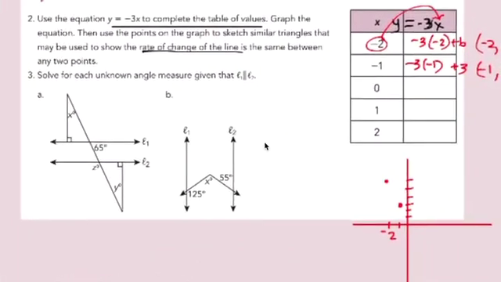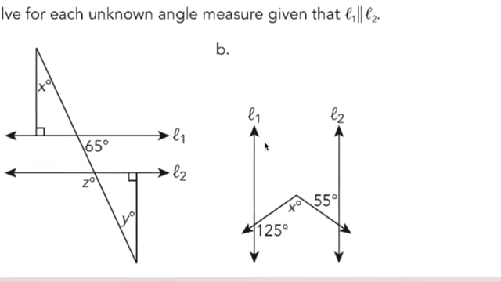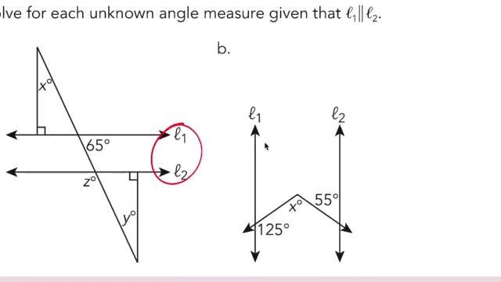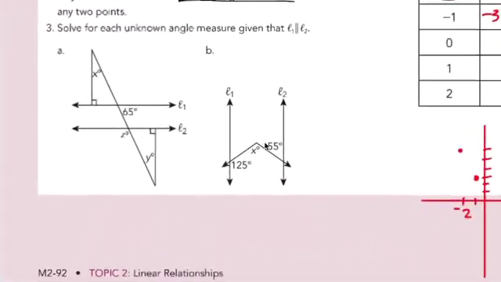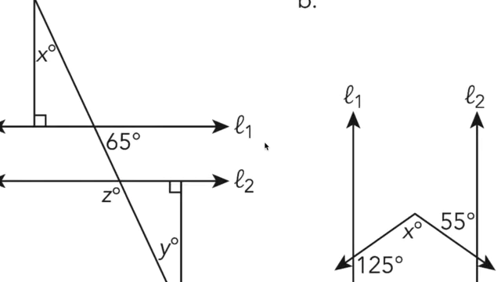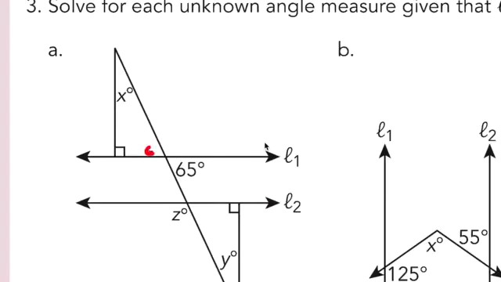Okay, now solve each unknown angle given that the two lines are parallel. These two are parallel. Okay, now we know transversal line, vertical angles are congruent. So this is 65. Add up to 180, so 90 plus 65 plus that x has to be 180.